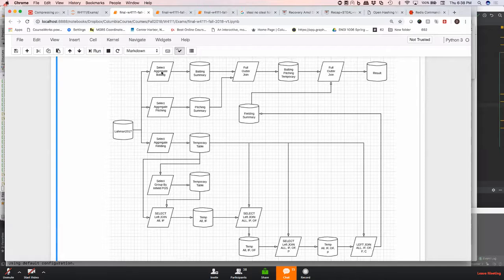These are 3 extracts, doing selects: select on batting, select on pitching, and select on fielding. This step is the extract. This is a transform because I'm basically doing aggregates here. So I'm aggregating the things up, so what comes out is different from what comes in. And I stage it into an intermediate table.